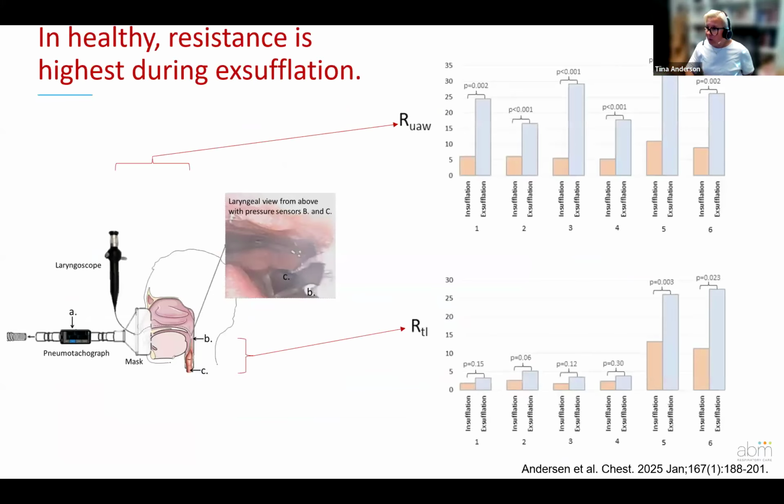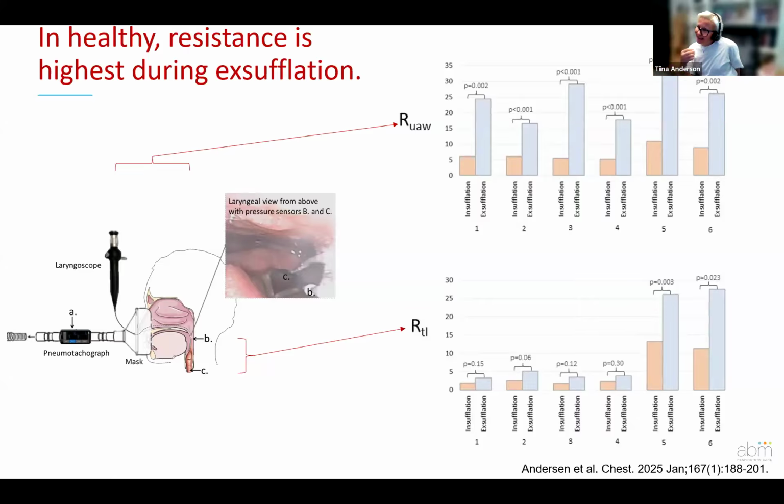And here we have calculated the resistance, both from mask to epiglottis, which we call resistance in upper airways, RUAV, and from epiglottis to trachea, which we call translaryngeal resistance, RTL.